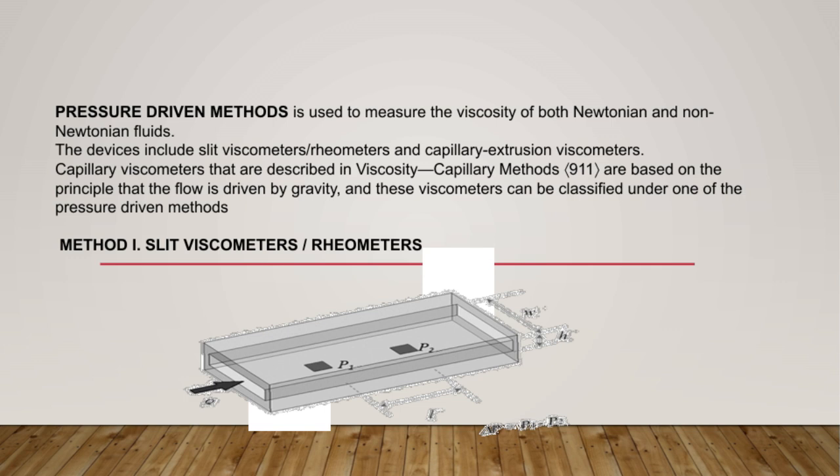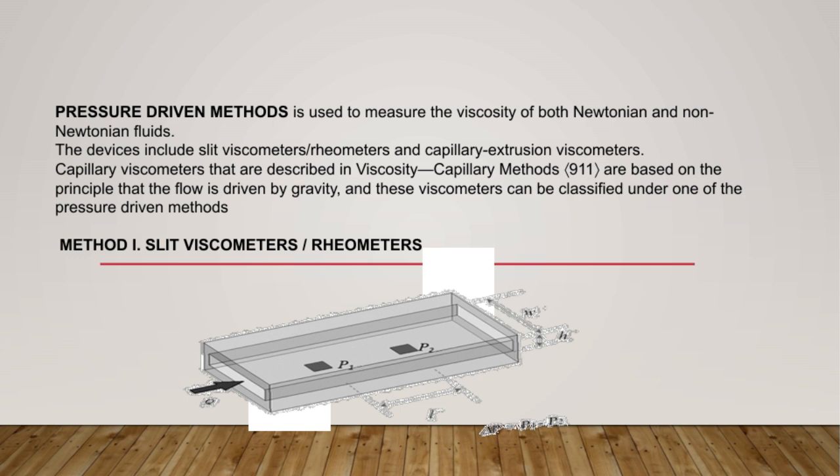Focusing on capillary viscometers, as explained in the section on viscosity, capillary methods, these devices operate on a simple but effective principle. The flow of the fluid is driven by gravity. Essentially, the fluid moves through a narrow tube or capillary because of the gravitational force acting on it. Because of this, capillary viscometers are categorized under pressure-driven methods.